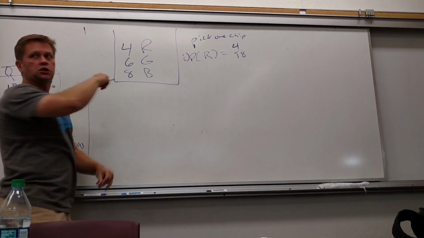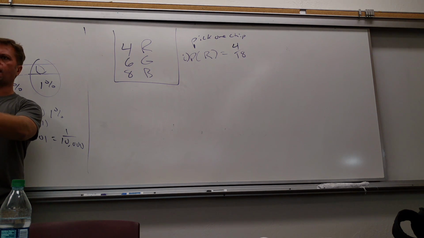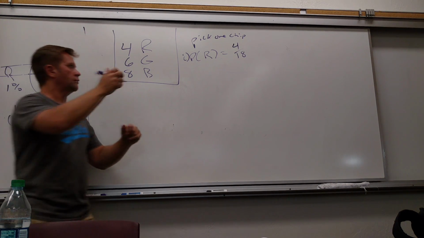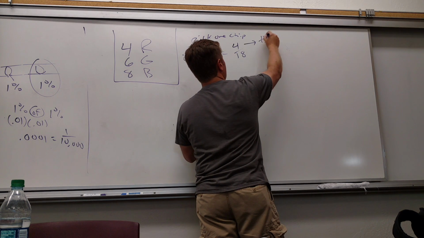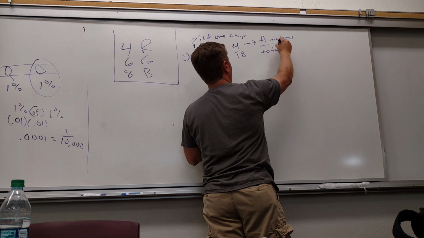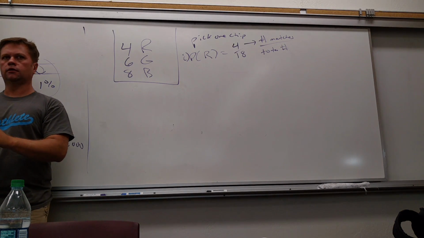Alright, there's 18 chips. So how many things could happen? 18 different things. And how many things match what I'm looking for? 4. So probability is always the number that matches what I'm looking for divided by the total number that could happen. Always. That's the basic idea of probability.